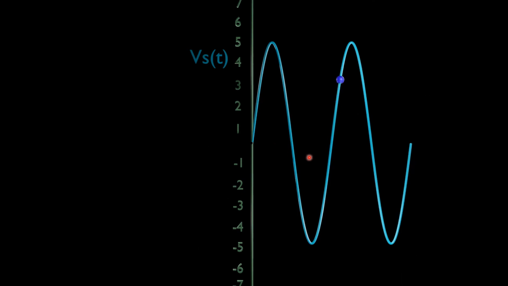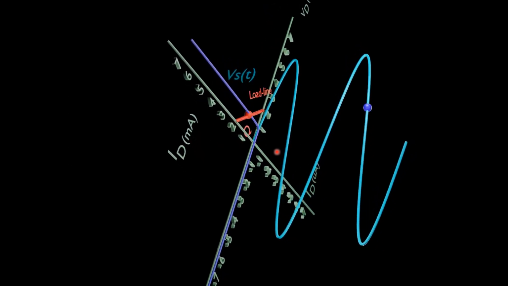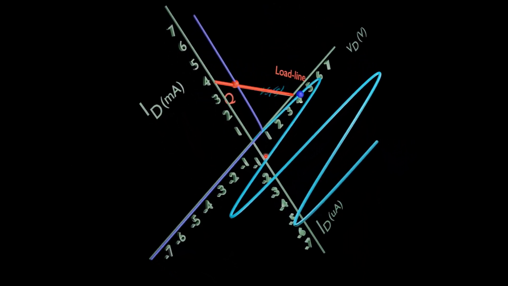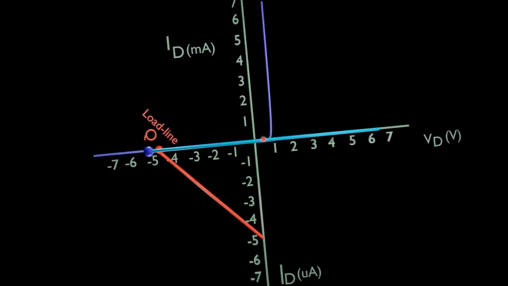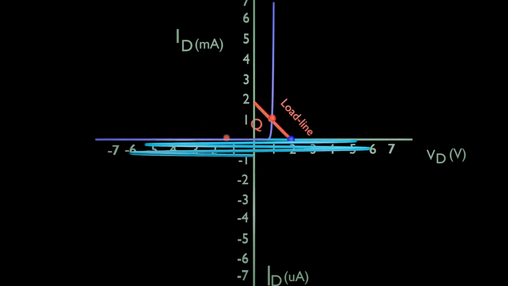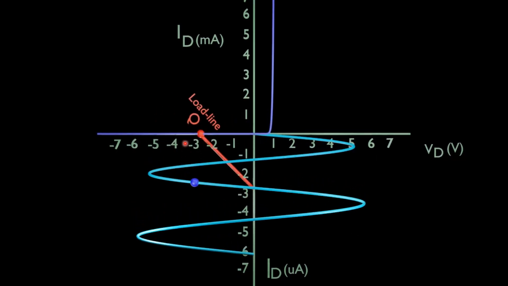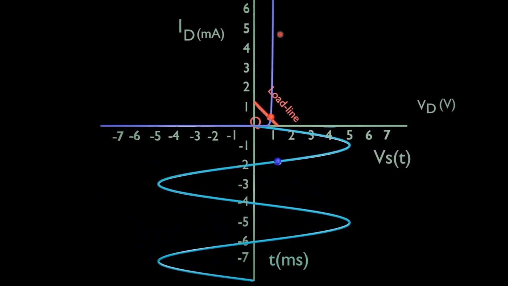Now we'll see how the load line and the Q point vary accordingly. With respect to the input voltage, the load line also varies between these extreme points of the input voltage, and the Q point, which is defined by the intersection between the load line and the VI characteristics, also varies continuously with respect to this instantaneous voltage level.